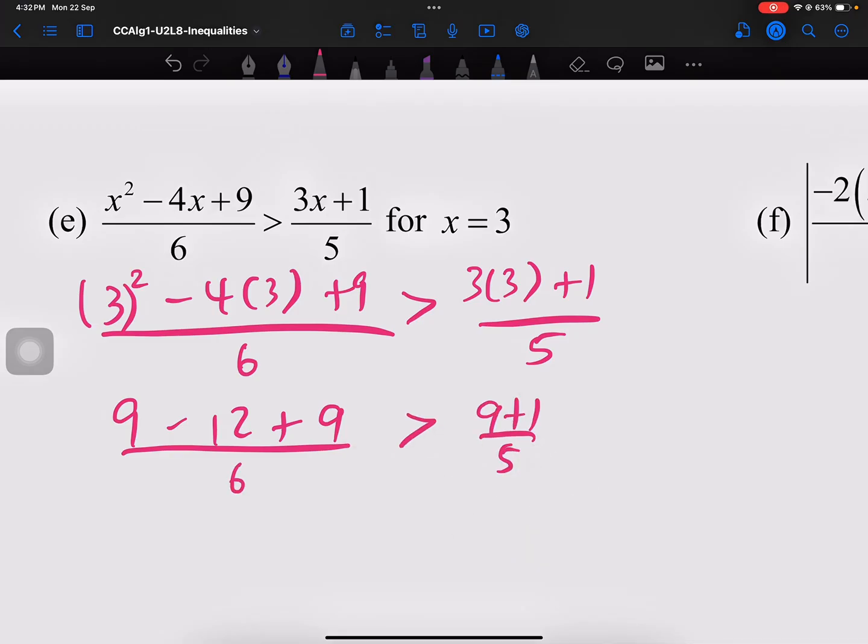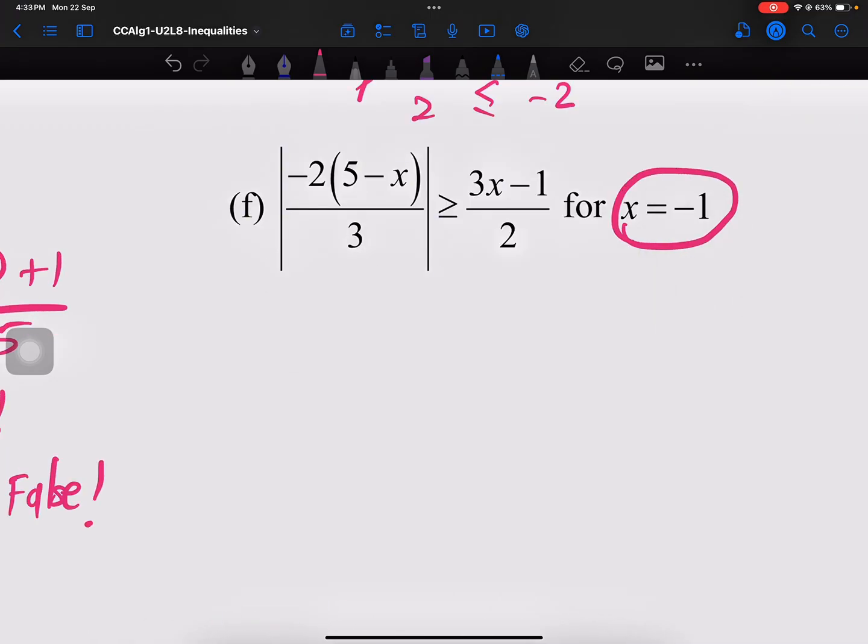Okay, so this one is 6 over 6, 10 over 5. This is 1, 1 larger than 2, or 1 bigger than 2. This is false.